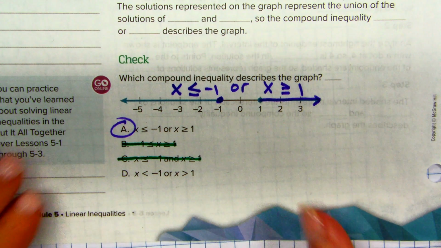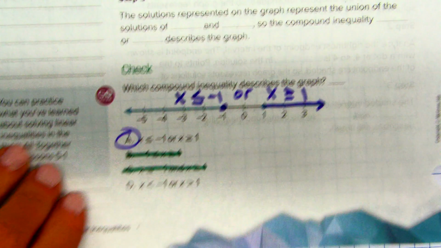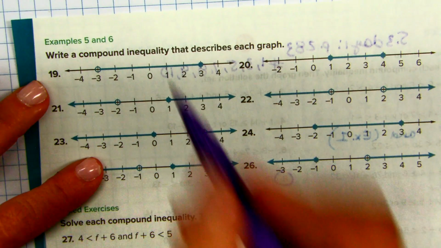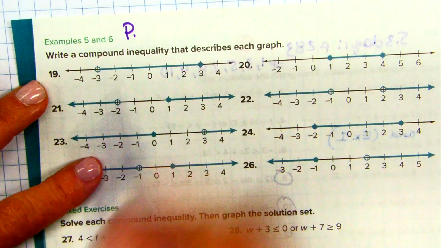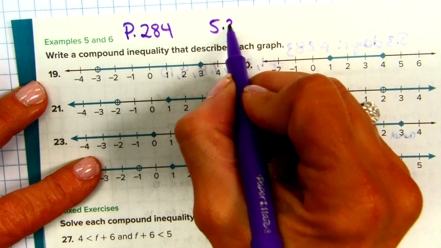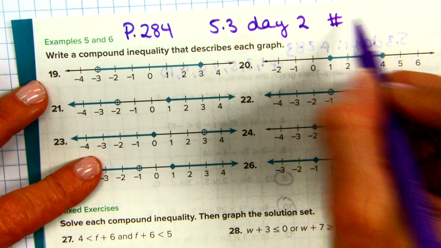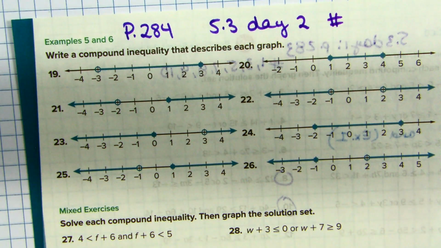So let's look at what the homework is, because that's the end of the notes. All right, so page 284. Page 284 is your 5.3 day 2. Now listen, guys, you were encouraged yesterday to write on a separate sheet of paper when you did these.